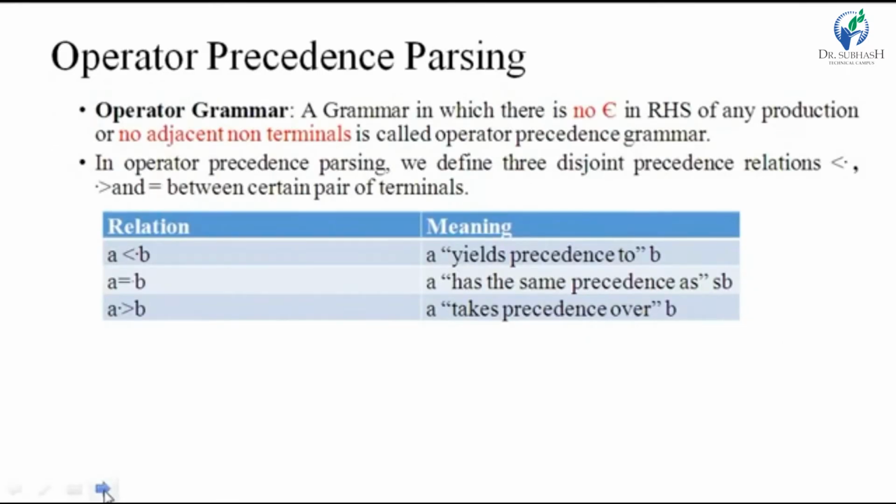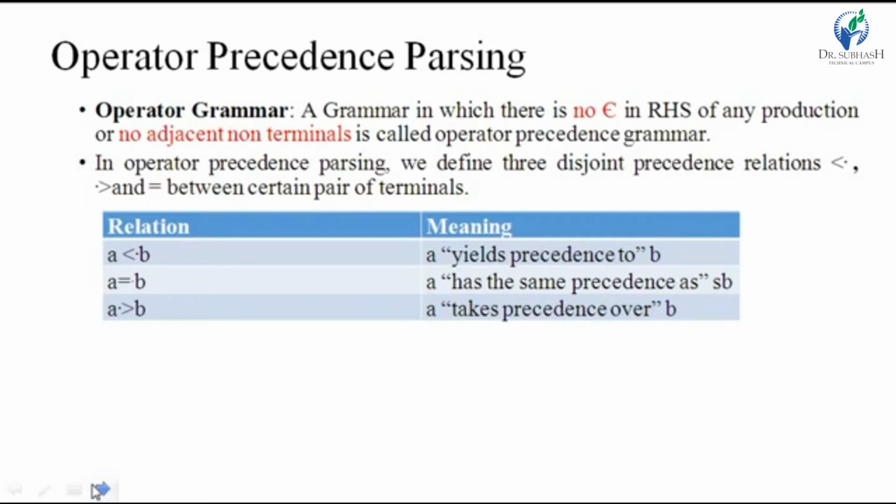Next, operator precedence parsing. First, what is operator precedence grammar or what is operator grammar? A grammar in which there is no epsilon on the right hand side of any production and no adjacent non-terminals is called operator precedence grammar.